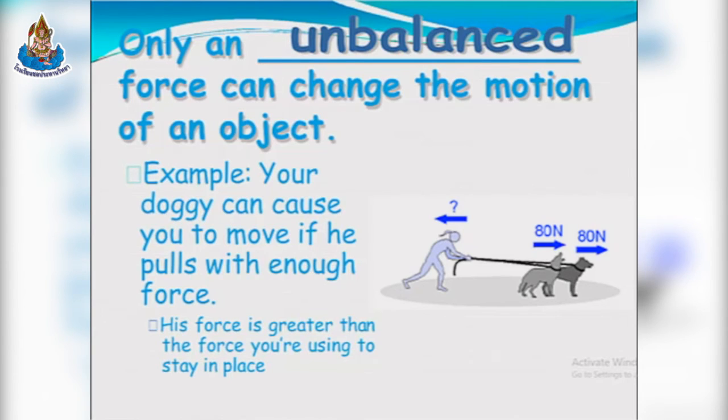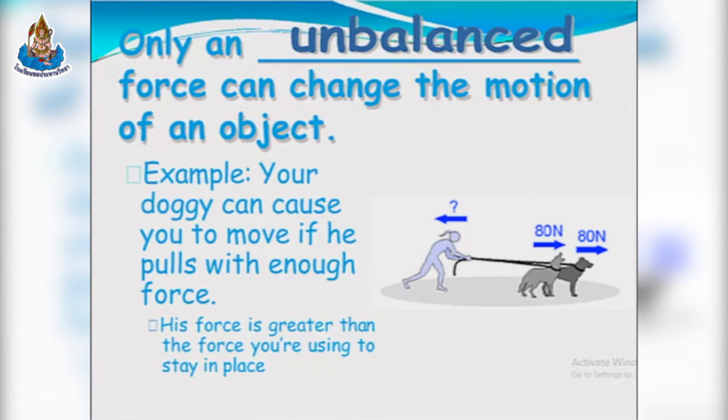Nice. So only an unbalanced force can change the motion of an object. For example, you can see your doggy can cause you to move if he pulls with enough force. Here, one dog has a force of 80 Newton and the other one is 80 Newton. If you add them, they will have 160 Newton.